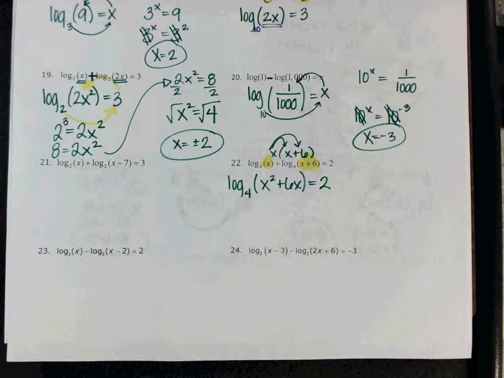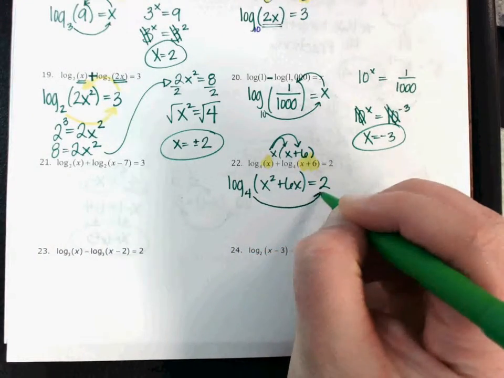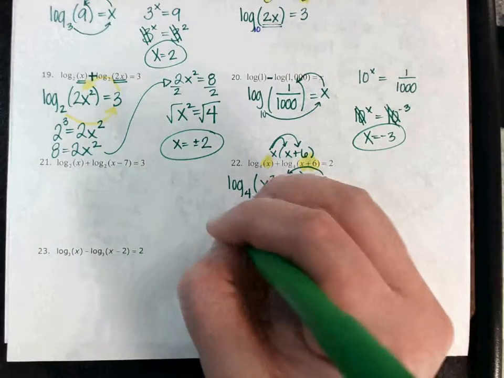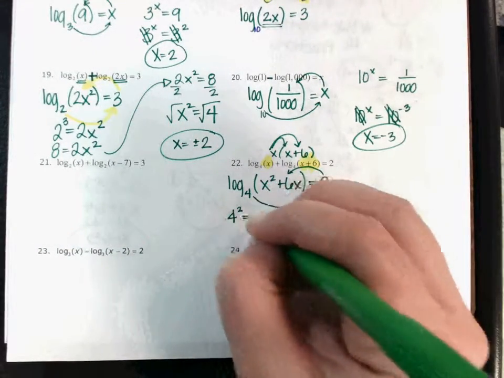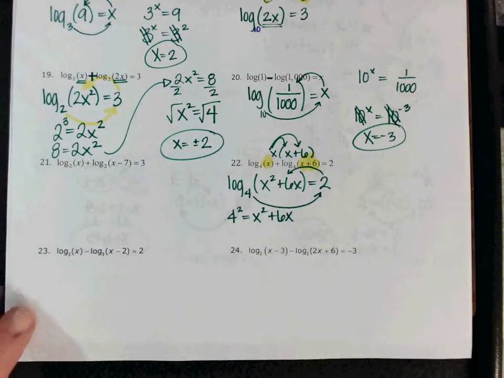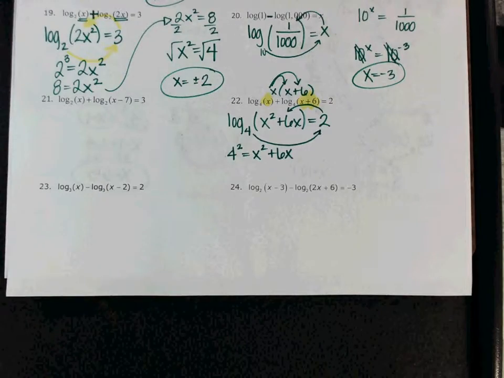So I do x times x, that's where the x squared comes from. Then I do x times 6, that's where the 6x comes from. Then from here, you're going to loop it. So it'll be 4 up to the 2 equals x squared plus 6x.